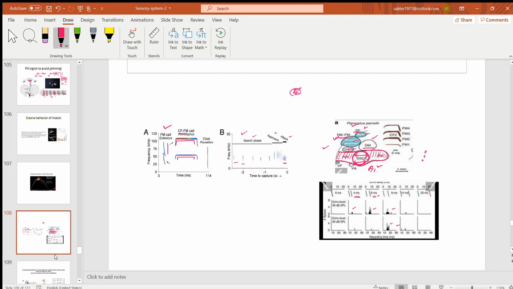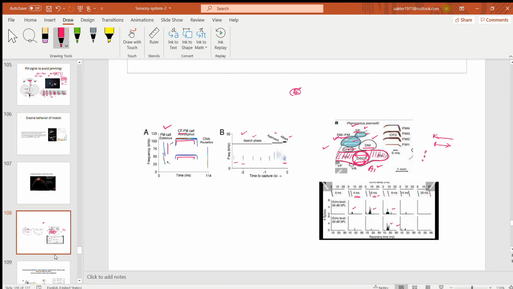Because when you send the pulse and wait for the echo, that time between the pulse and the returning echo is received by the brain. Is it 4 millisecond or 6 millisecond or 10 millisecond?